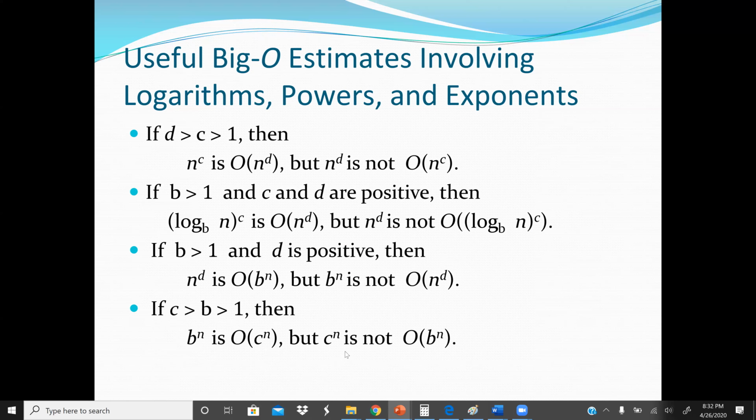But c to the power n is not big O of b to the power n. Again, the reason is that c is greater than b, and b is greater than 1.